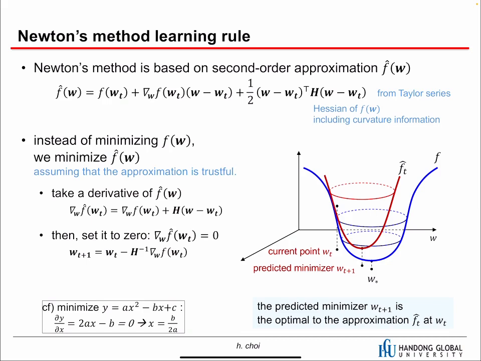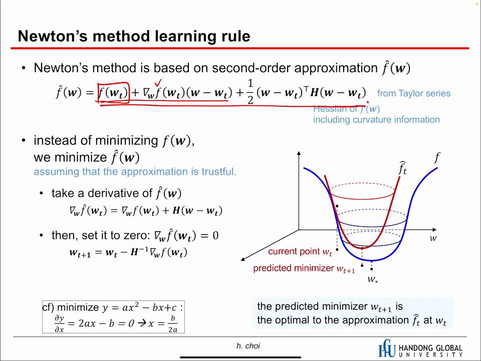In the beginning of this chapter, I actually discussed the Taylor series. We have f of w, and we want to approximate this f of w at time t. This one is linear. So the gradient method is based on linear approximation, and Newton's method is based on the second-order approximation.